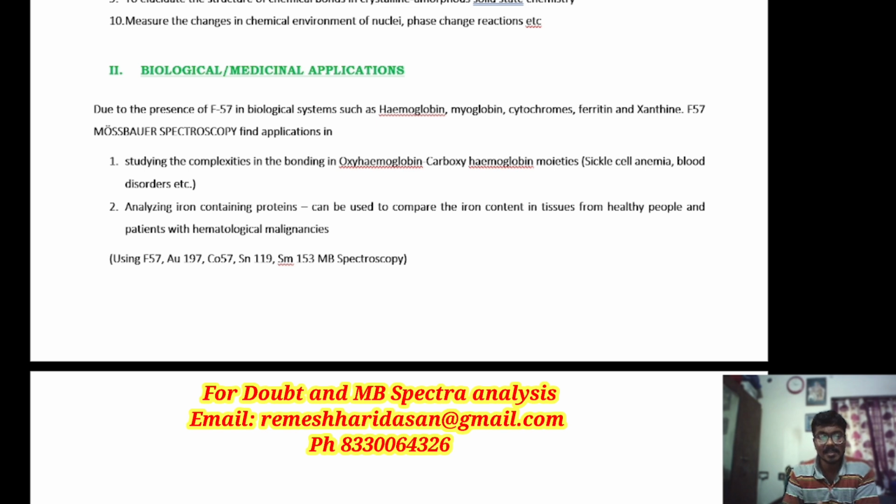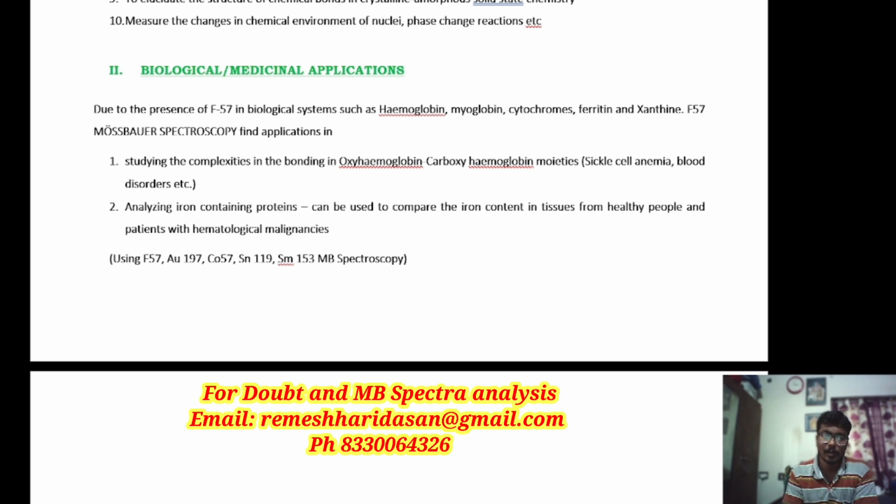The second application is analyzing iron containing proteins, which can be used to compare the iron content in tissues from healthy people and patients with hematological malignancies. So due to the presence of iron in various biological systems, we can rely on MÖSSBAUER spectroscopy, especially Fe57, iron 57 spectroscopy, for medicinal usages.